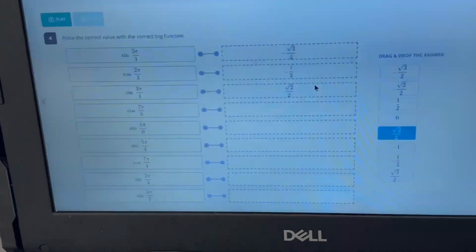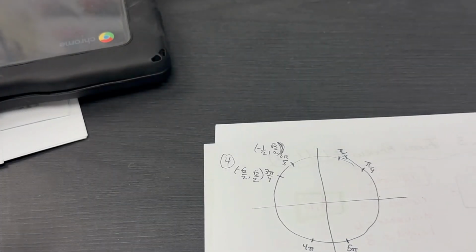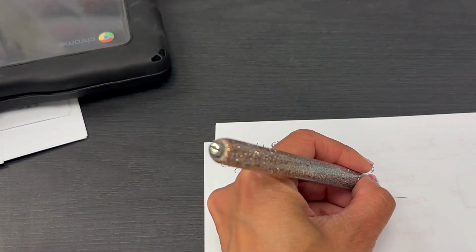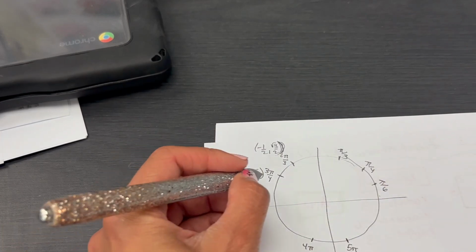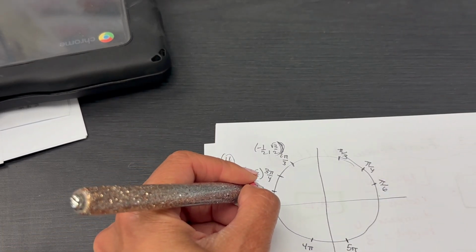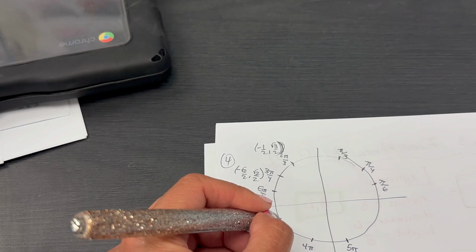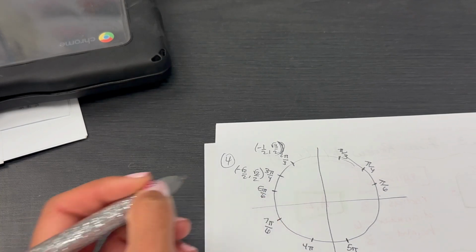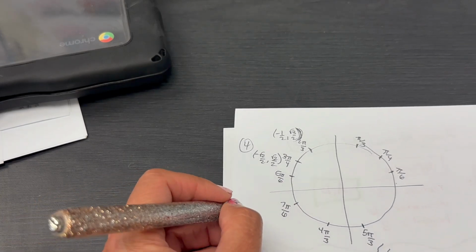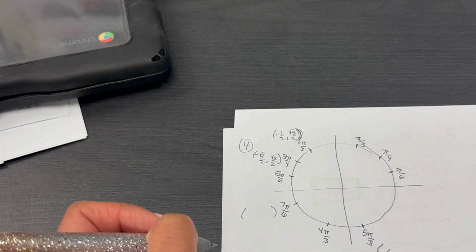All right, and then 7 pi over 6. 7 pi over 6, let's see. Regular pi over 6 would be here. 5 pi over 6 would be here, which means that 7 pi over 6 would be there. So that's 3rd quadrant. Everything's negative in the 3rd quadrant.